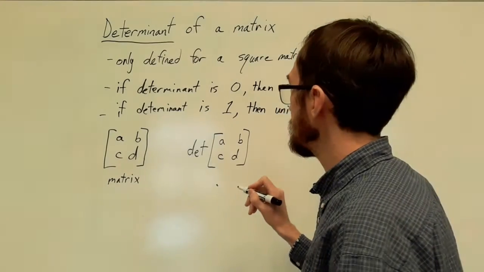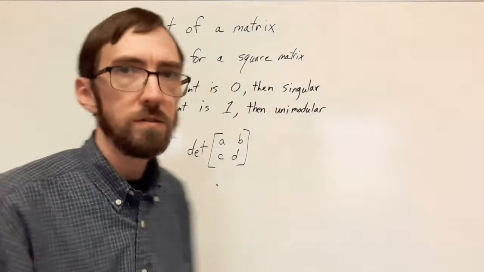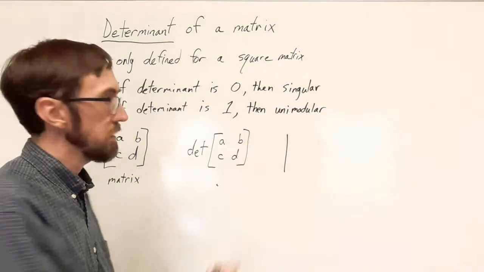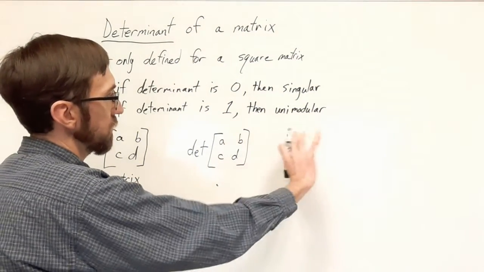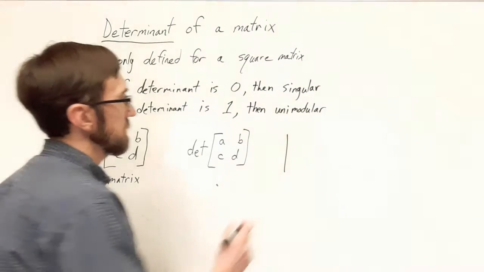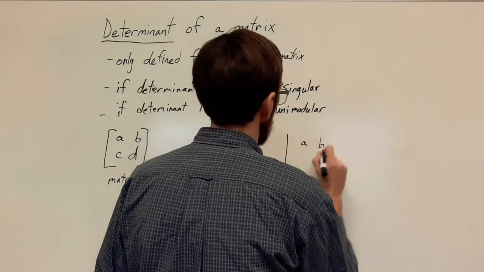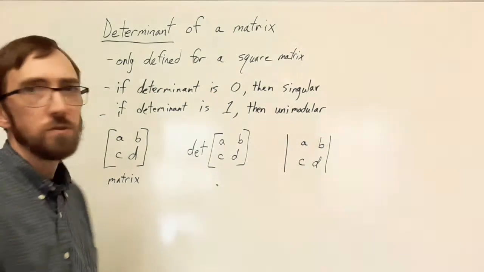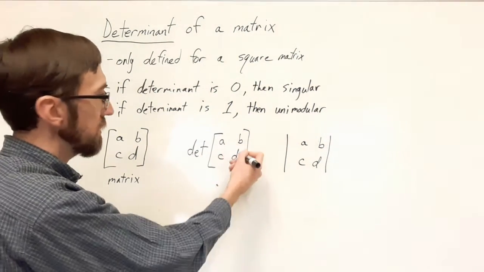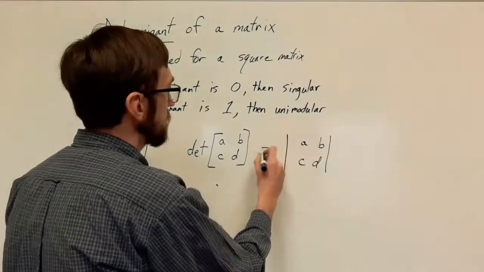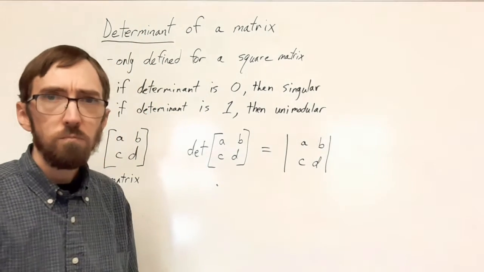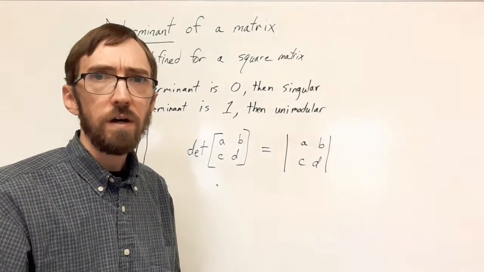Another way that we could notate that we are using a determinant is to put a single line without the brackets with the same entries inside. So determinant of the matrix is equivalent to this array that has what appears to be an absolute value bar around it.